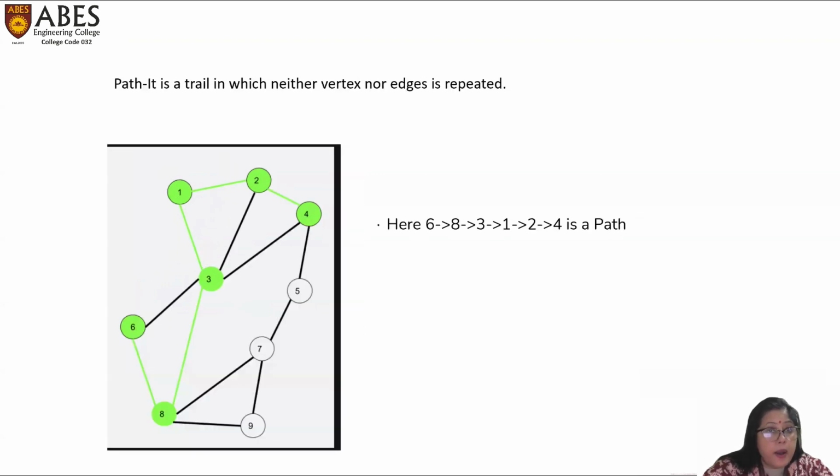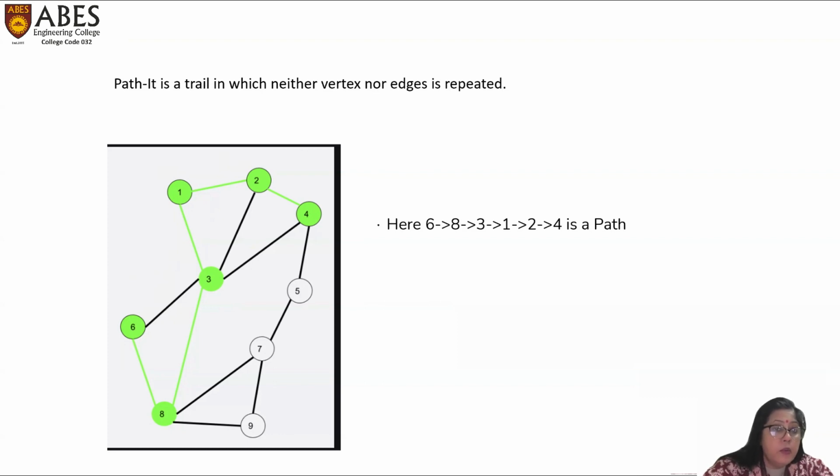Now, what is a path? It is a trail in which neither vertices nor edges are repeated. So a path is a traversal of the edges of the graph in which neither vertices nor edges are repeated.